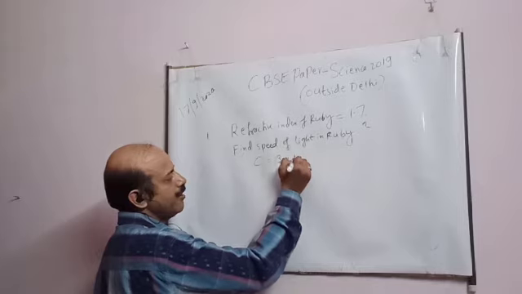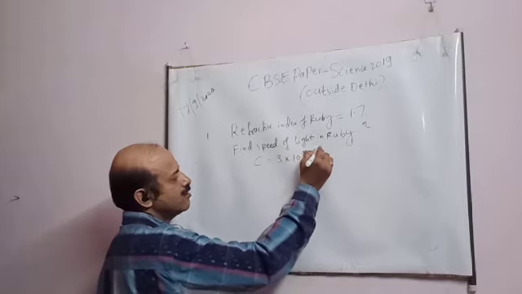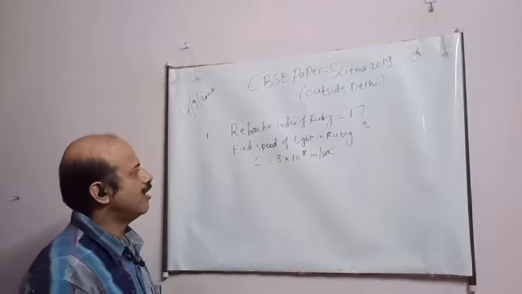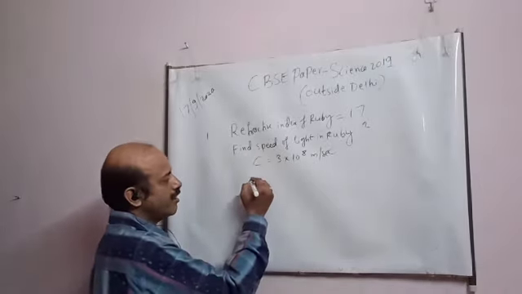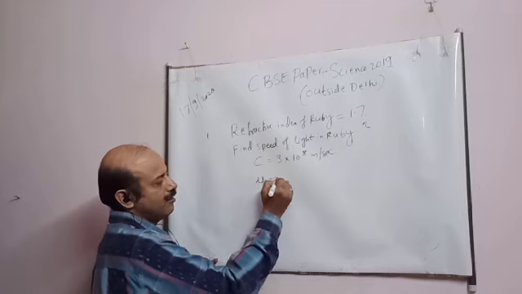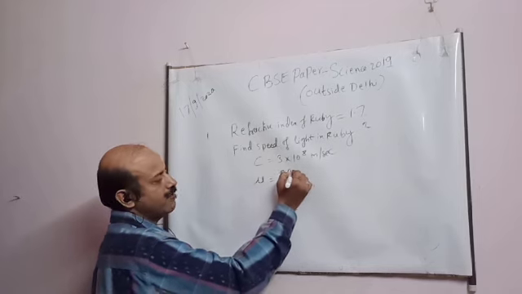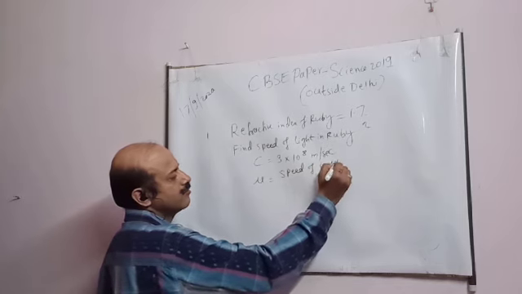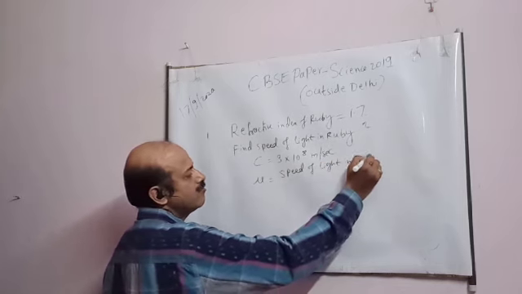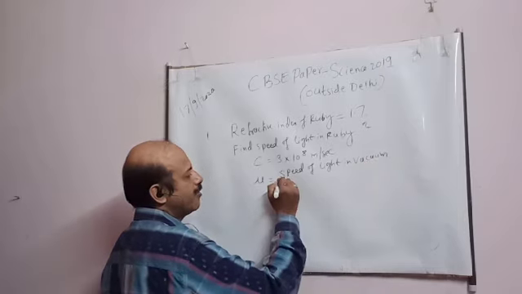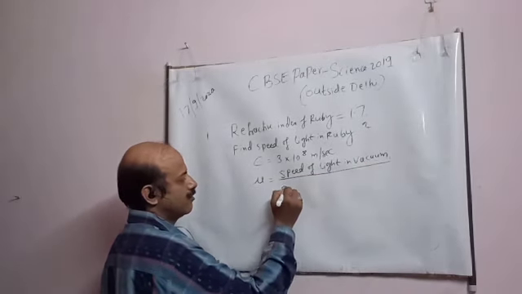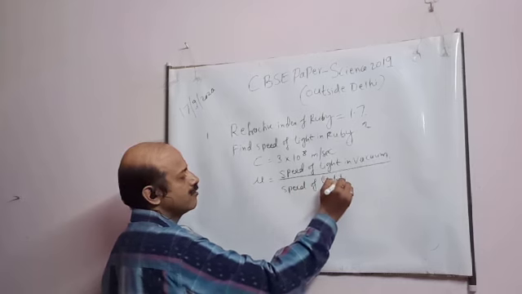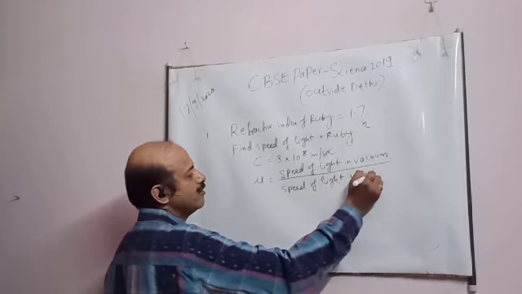As you know, student, it was given as 3 into 10 raised to 8 meter per second. As you know, the formula of refractive index is speed of light in vacuum upon speed of light in ruby.